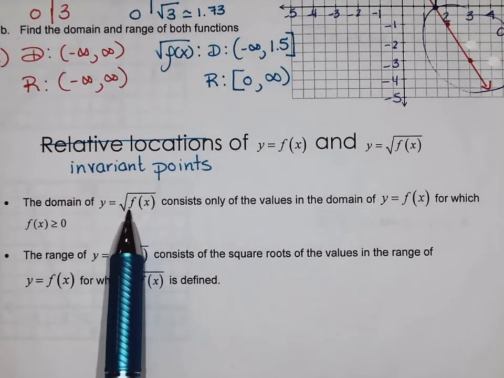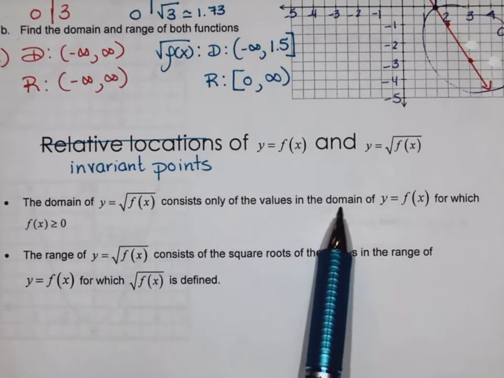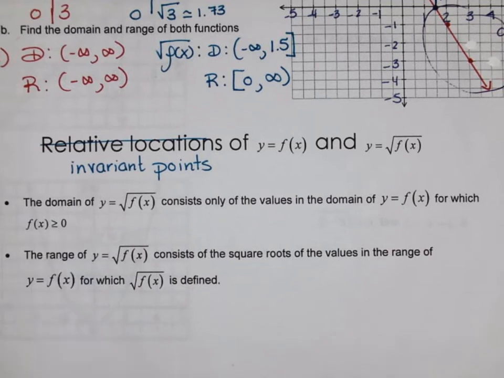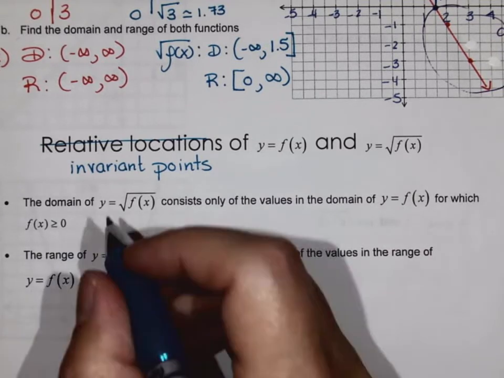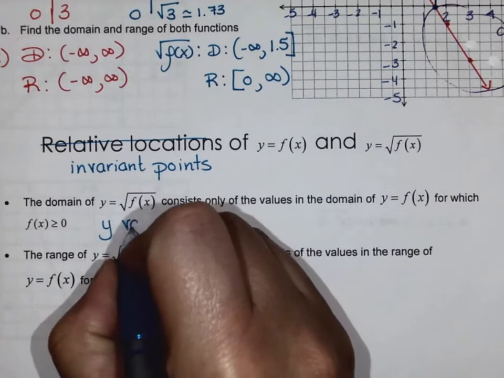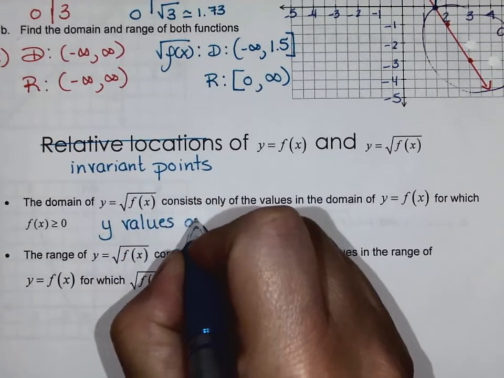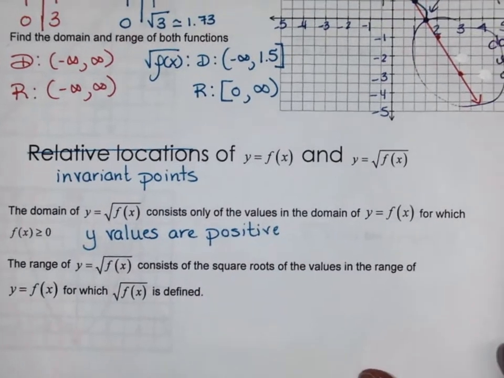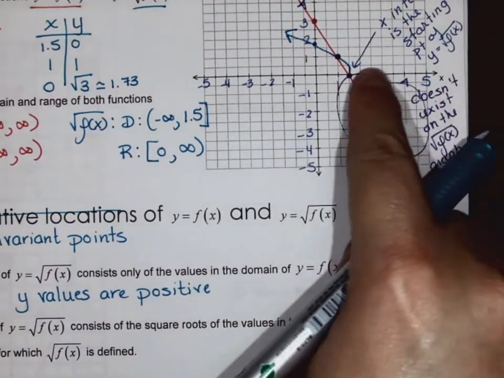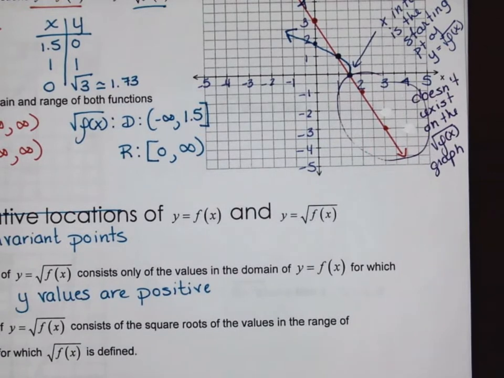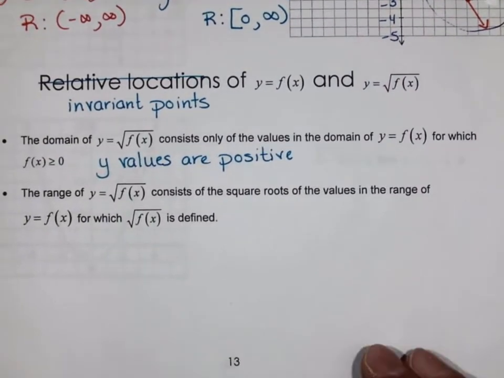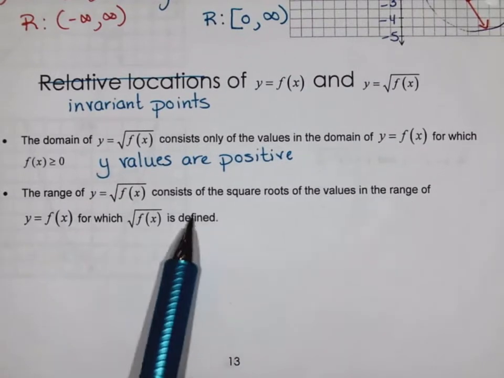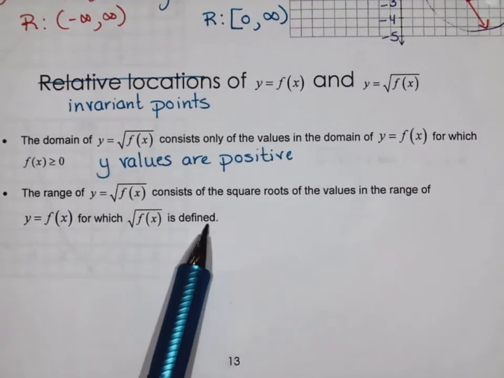So the domain of root f of x consists only of the values in the domain for which f of x is greater than or equal to 0. So what does that mean? Y values are positive. But you guys already knew that, because we can't square root negative numbers. Then the range consists of the square root of the values where root f of x is defined.